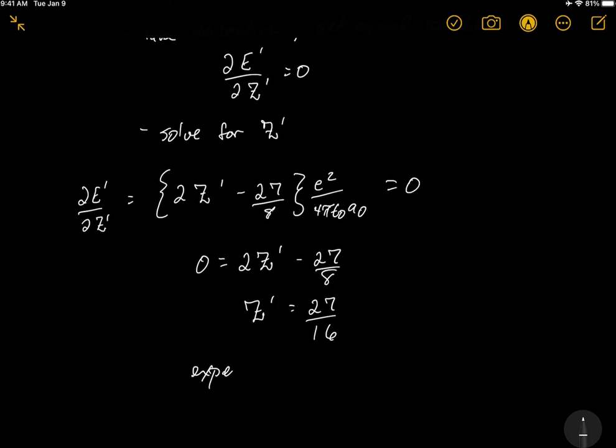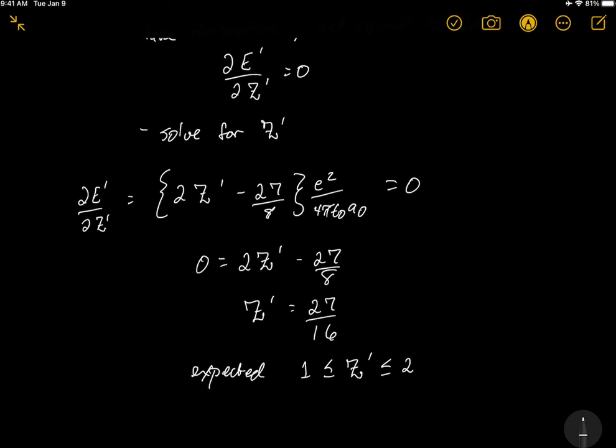So we expected, as we stated above, that Z prime would be in this range between 1 and 2. And in fact, it is, right? 27/16 is not exactly in the middle of the range, but 16/16 would be Z prime of 1, and 32/16 would be Z prime of 2.